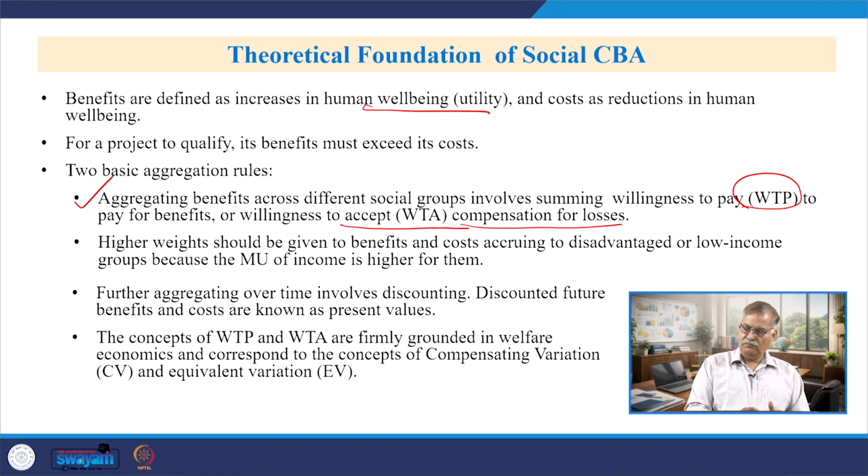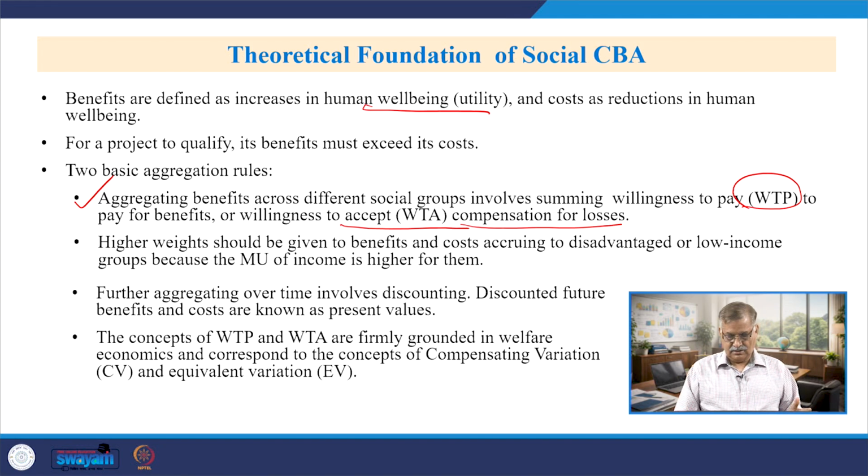One is willingness to pay and the other is willingness to accept as compensation. Higher weight should be given to benefits and costs accruing to disadvantaged or low income groups because marginal utility of income is higher for such groups. Further, aggregating over time involves discounting.